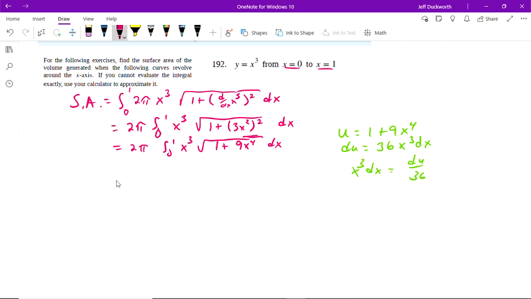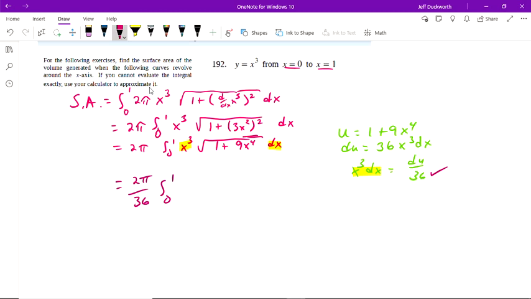So let's do that. So 2 pi over this 36, and that's this 36 here. The x cubed is taken out, so we don't have this guy anymore because we're removing x cubed and dx with this. So that's just the square root of u, du.